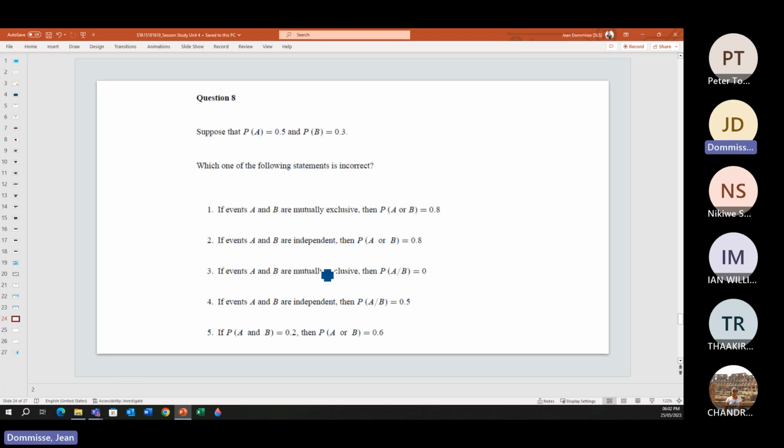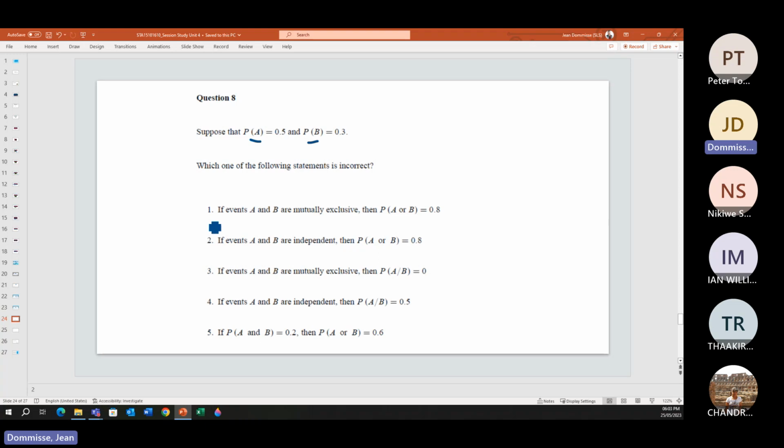Okay, so now they give us again two events. Again, they don't tell us what it is. So they just tell us, okay, event A happens, this is the probability. Event B happens, this is the probability. And then they ask us a few questions around it.